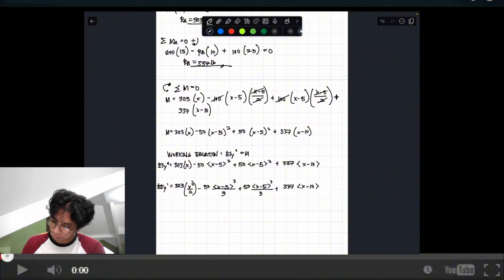So n plus 1 ulit, which will be x to the power of 2 divided by 2.